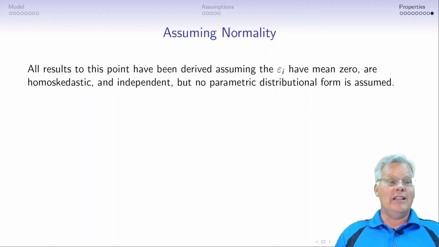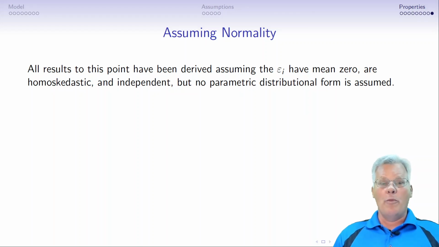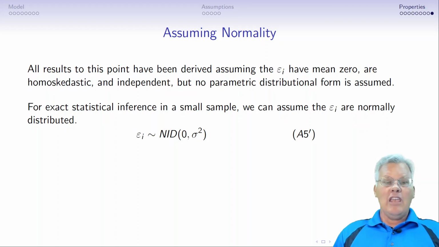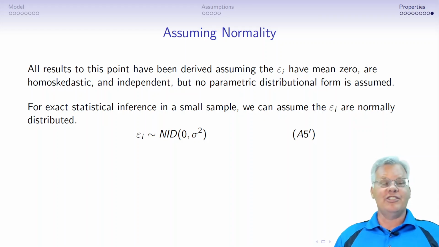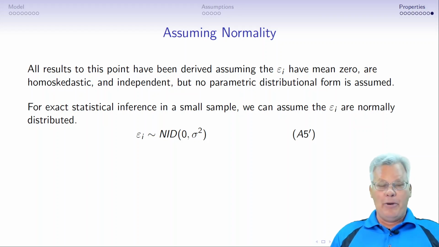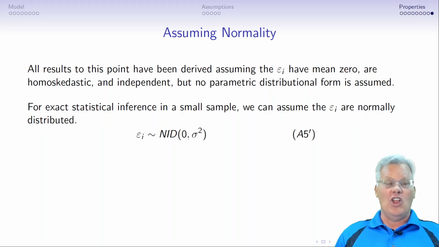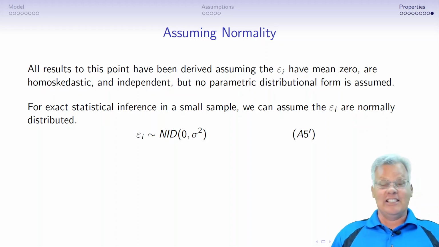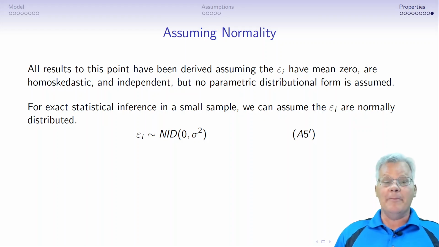We didn't say how they were distributed, just that they had some sort of statistical distribution with mean zero, homoscedastic, and independent. If we want exact statistical inference in small samples, we have to assume a parametric distribution for epsilon. The typical assumption is that the epsilons are normally distributed.